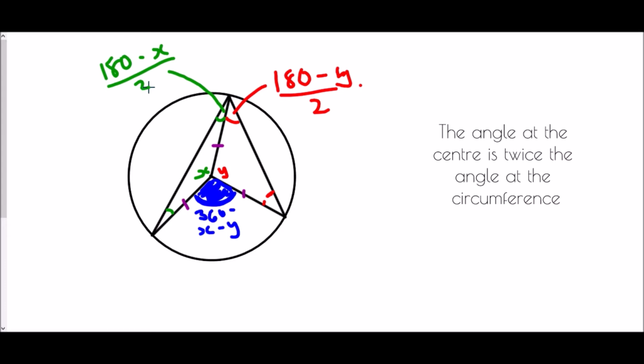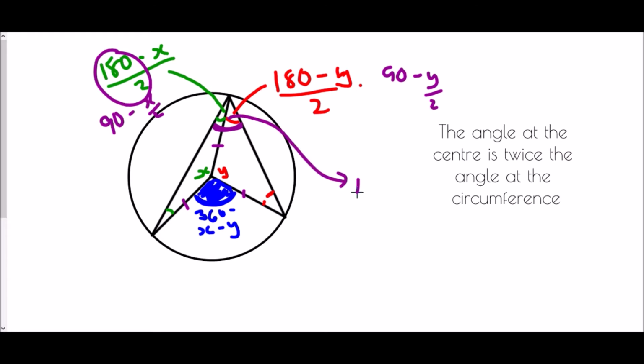And so, if we add together the two angles which form the angle at the circumference, this is like 90 take away x over 2, this is 90 take away y over 2, and so if I add those together, the angle at the circumference would be 180 take away x over 2, take away y over 2.